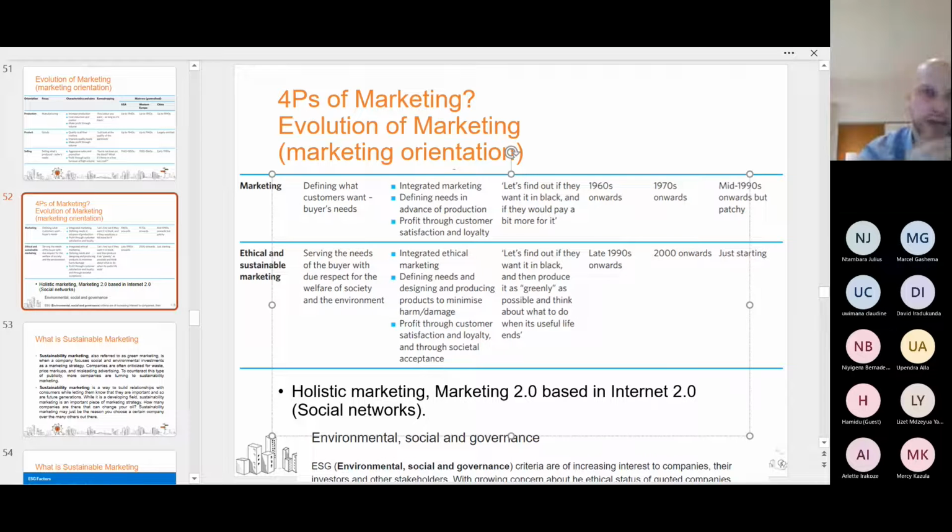Now, some of the researchers started talking about Internet 3.0, but still there is no well-accepted definition of what it should include.